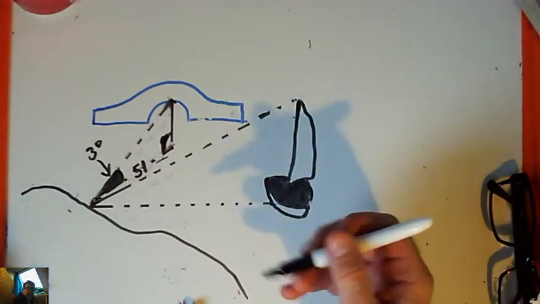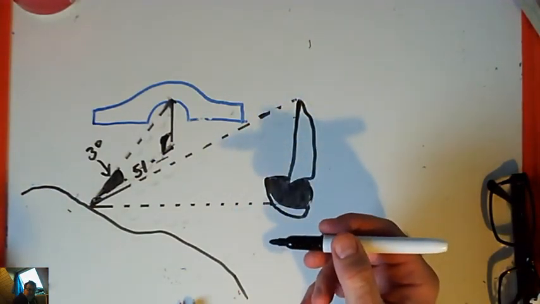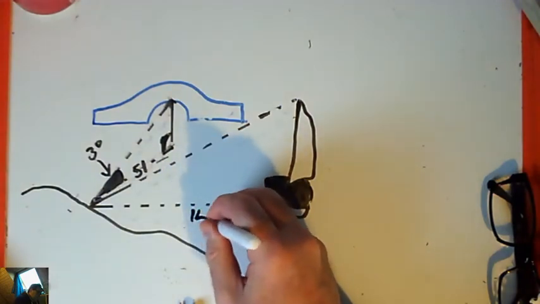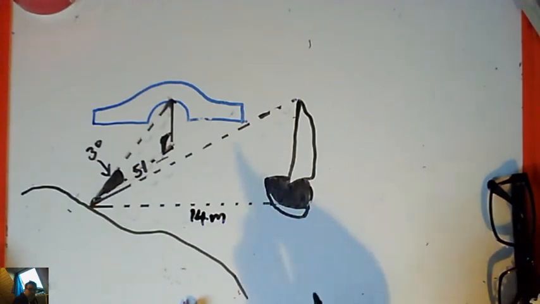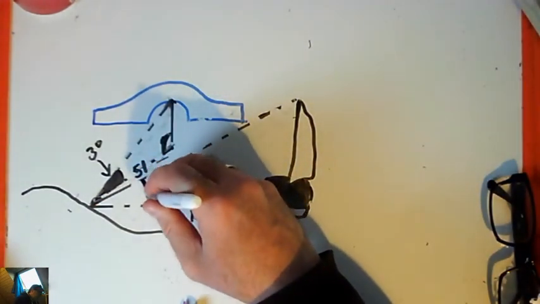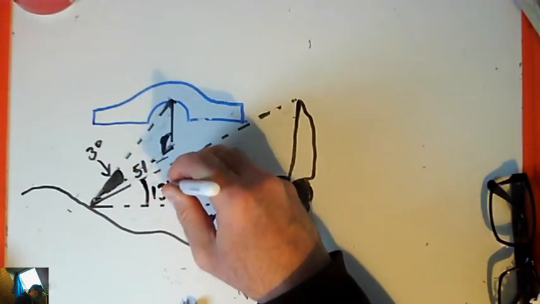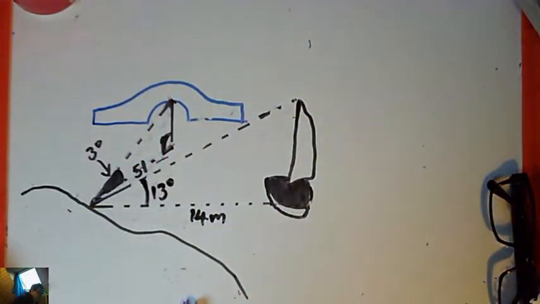And then it says, and the top of a yacht mast 14 meters away, and they've told you 14 meters along there for the 14 meters, has an angle of elevation of 13 degrees. And again, they've drawn 13 degrees in there.